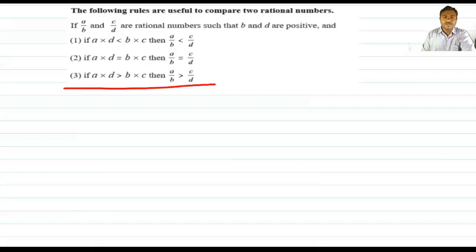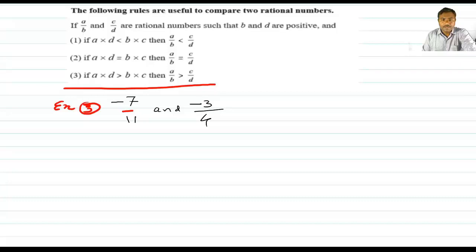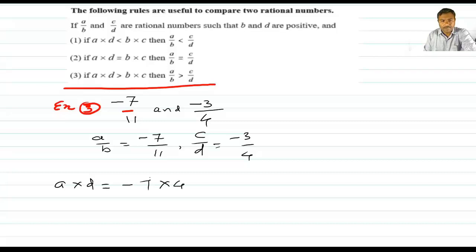Let us see the third condition. If A multiplied by D is greater than B multiplied by C, then A upon B is greater than C upon D. Let us see negative 7 upon 11 and negative 3 upon 4. Here A upon B is equal to negative 7 upon 11 and C upon D is equal to negative 3 upon 4. A multiplied by D is negative 7 multiplied by 4, 7 4s are 28, means negative 28.